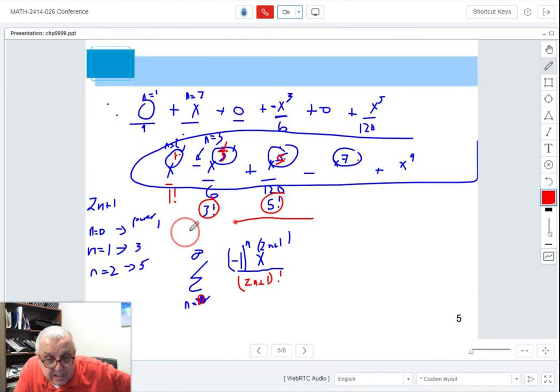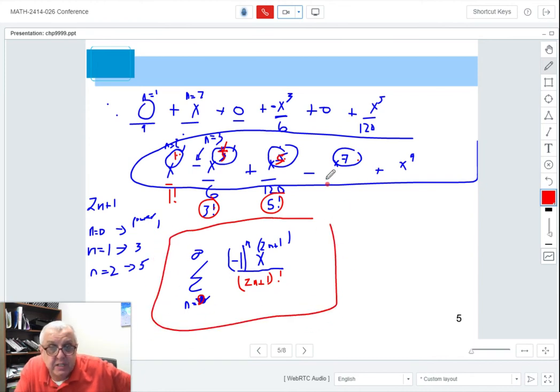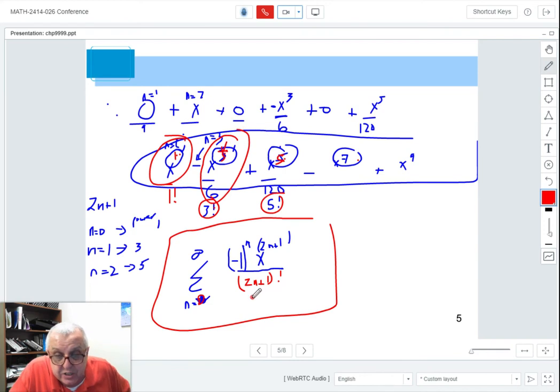So this is the actual formula to do this Maclaurin series. This is the actual formula for the summation. Now I can plug 0 in there and get the first term, plug 1 in there, get the second term. Plug 0 into the formula, I get this first term. Plug 1 into the formula, I get the second term.